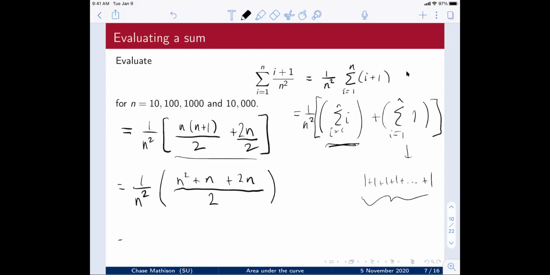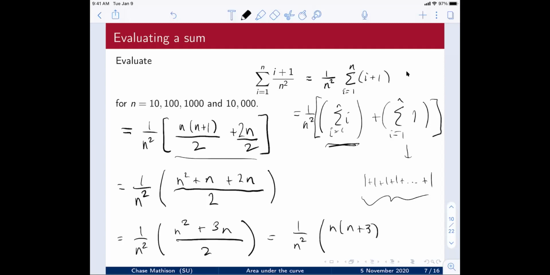Simplifying a little further, this is 1 over n squared times n squared plus 3n divided by 2. Then if I want, I could factor out an n from the top, and that cancels with the n squared below.